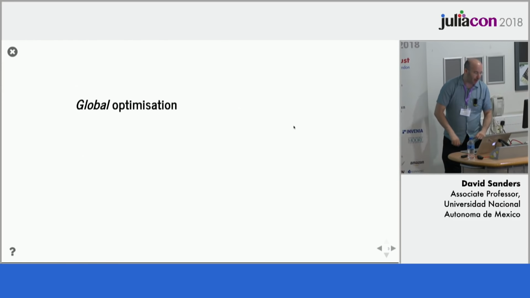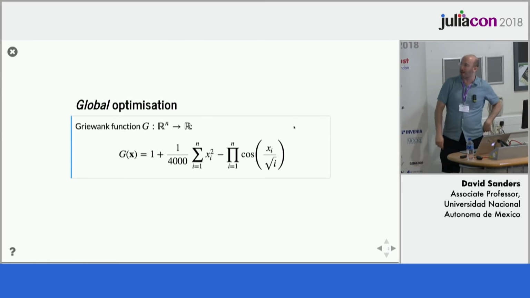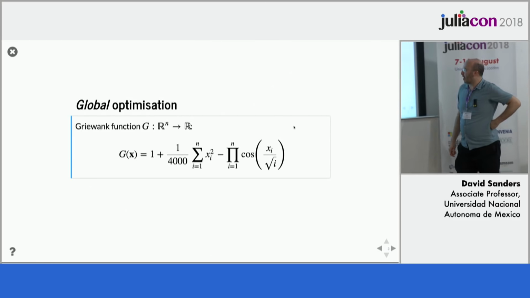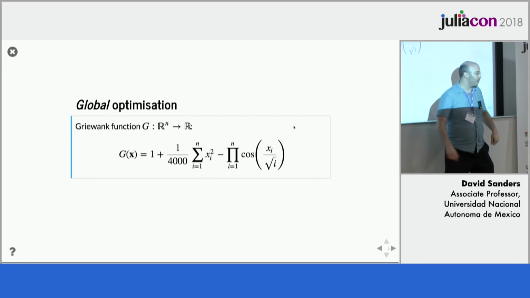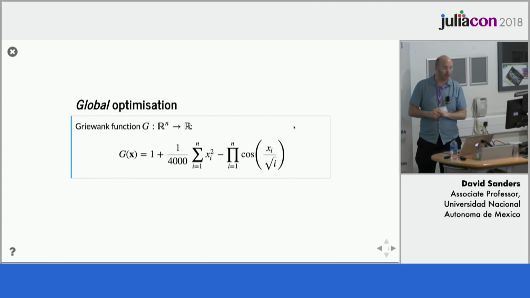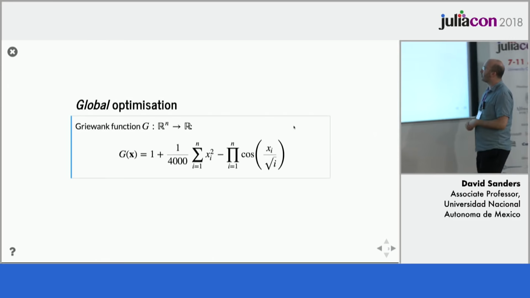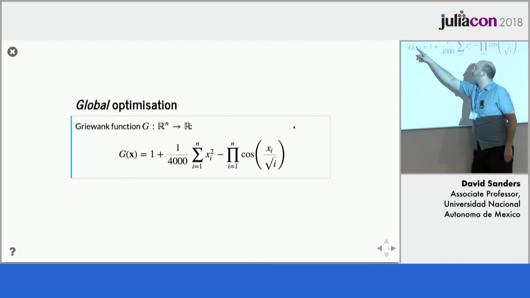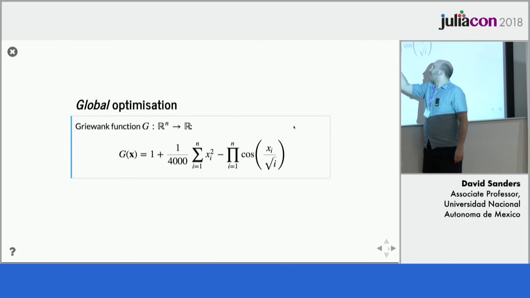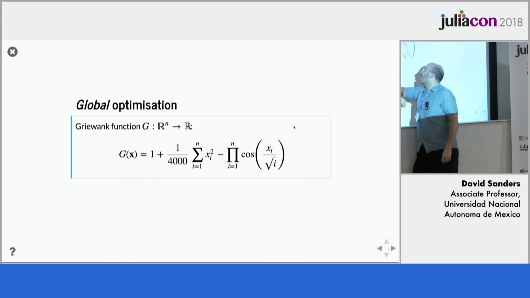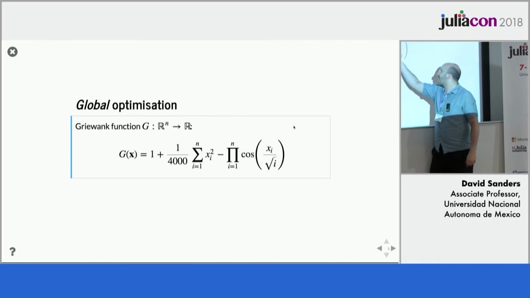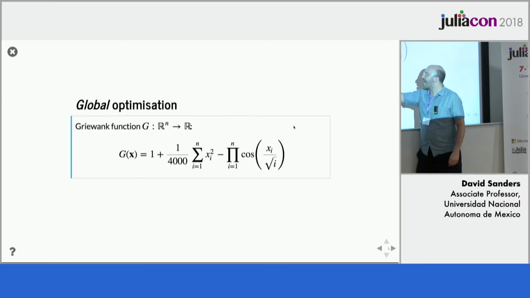Okay, so the other pretty nice thing that intervals allow you to do is global optimization of functions. So here's a kind of nasty function called the Griewank function from R^n to R. So it takes a vector, and it calculates the norm of the vector squared divided by 4,000, minus this product of weird cosines of x_i divided by the square root of i.